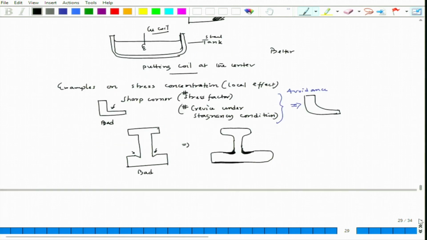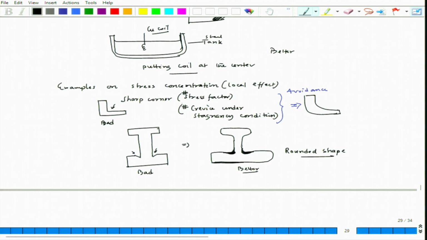Wherever there is a possibility of stress concentration, which is basically a cornered region, we should make it a rounded shape. So, it is better to have a rounded shape, as well as covering of the region wherever there is a possibility of water accumulation or corrosive accumulation.